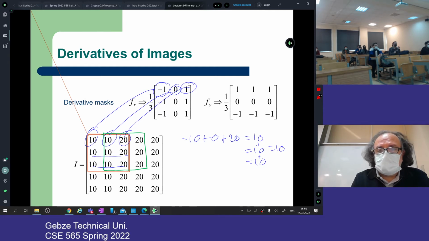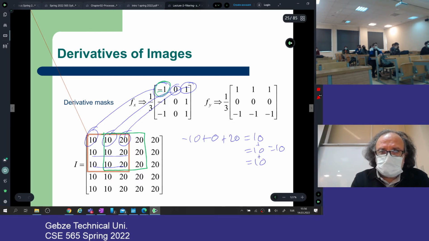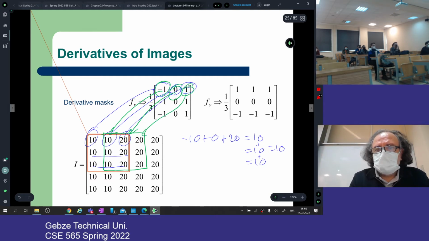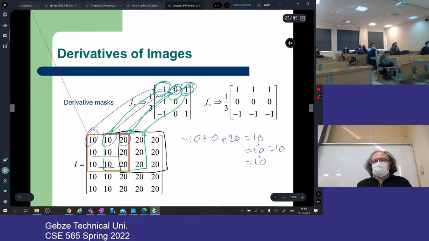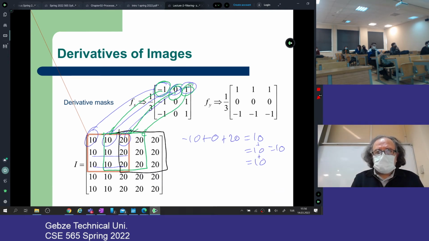It will produce 10 again. Why? Because this time I am going to multiply this one with this one with this, and that one with that. Okay? It's going to be 10 again. And move. How about the last one? It's going to be this window. Since they are all the same numbers and this is symmetrical, it's going to produce a 0, right?